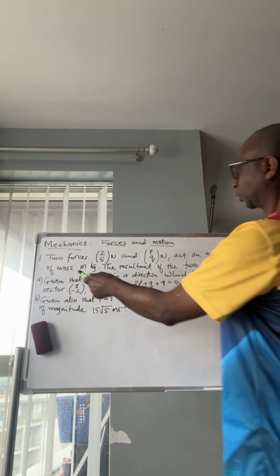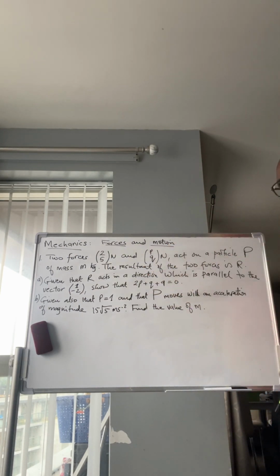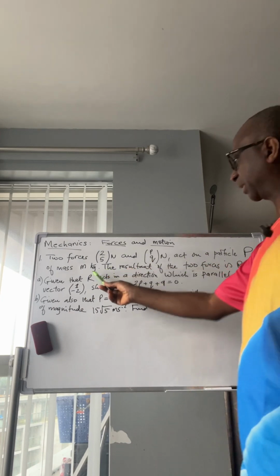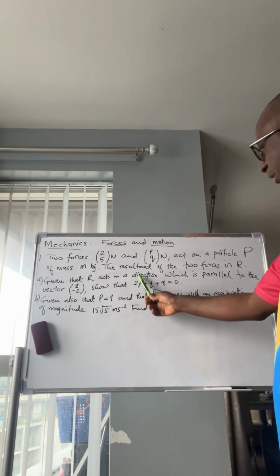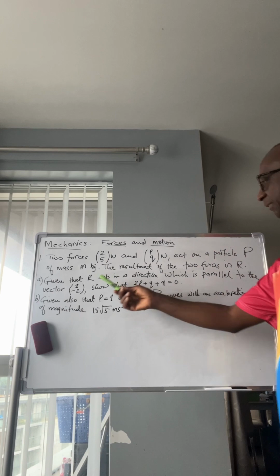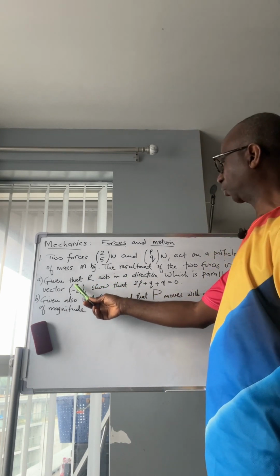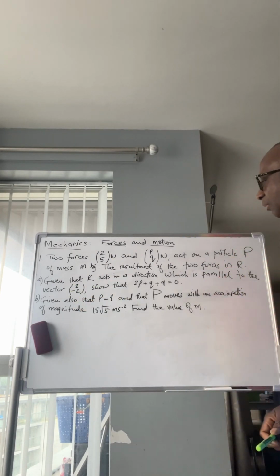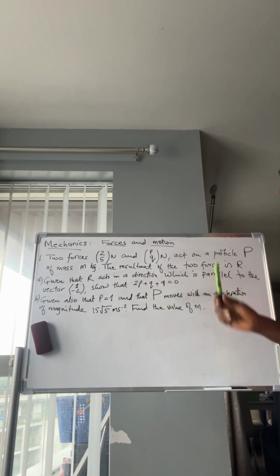It's a vector form. So two forces, 5 newtons and PQ newtons act on a particle P of mass m kilogram. The resultant of the two forces is R. Given that R acts in a direction which is parallel to the vector 1 minus 2, show that 2p plus q plus 9 equals 0.